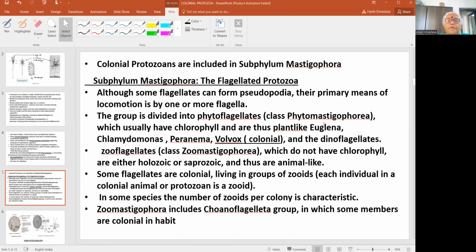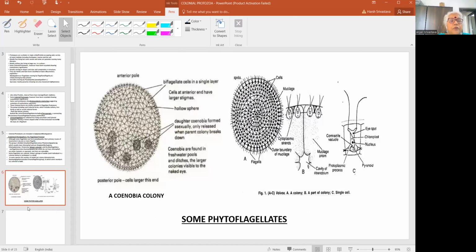They are autotrophs, and they synthesize their own food. The colonial forms here are Pandorina, Volvox, Gonium, that we have just seen in the very beginning of the slide. Then the colonial Zoomastigophora are mainly the choanoflagellates, which are mainly represented by Proterospongia. We have seen this in the last class also.